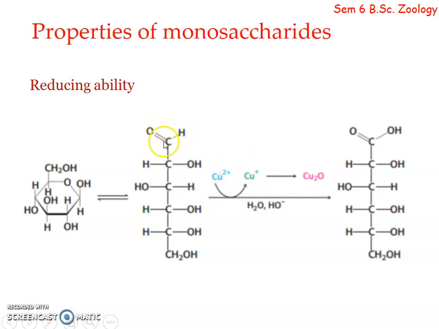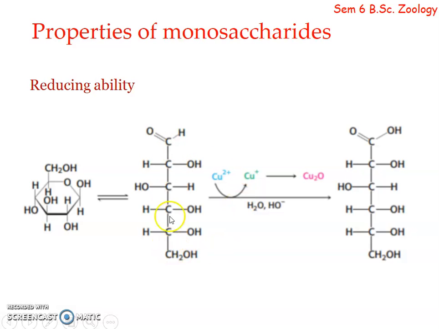Only when the first carbon is free can it show the reducing ability. It is the carbon which undergoes oxidation during the redox reaction, while it reduces cupric into cuprous.